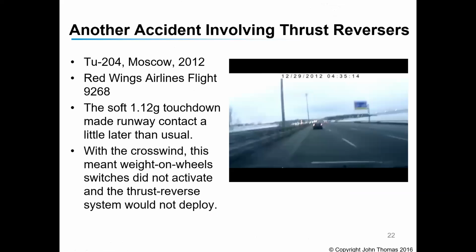There was also a crosswind, and this meant that the weight on wheel switches did not activate. And again, we had that same problem as in Warsaw. The thrust reverse system would not deploy because the software did not think that the plane had landed.